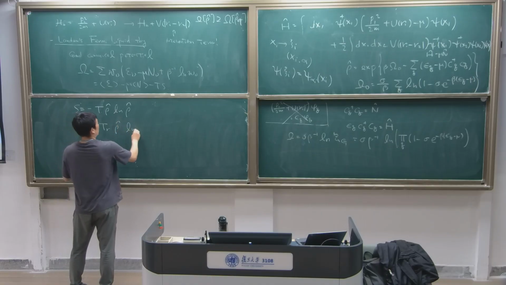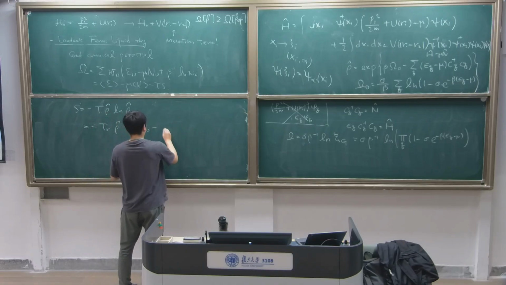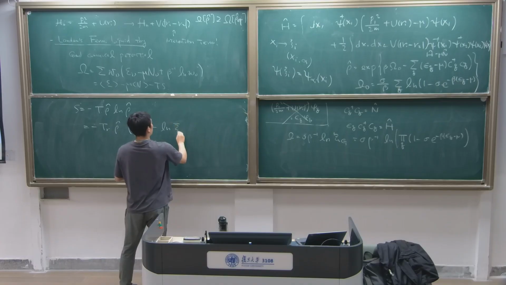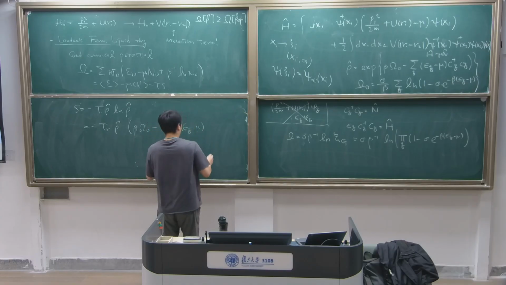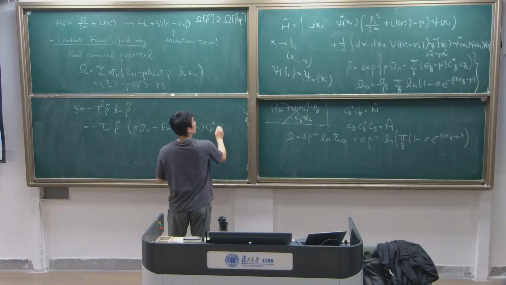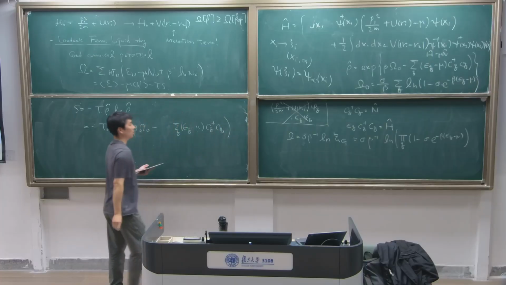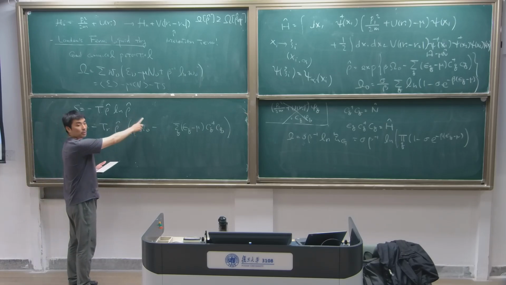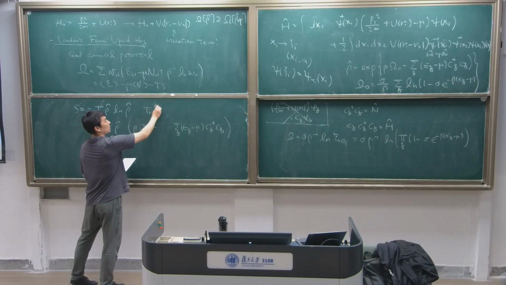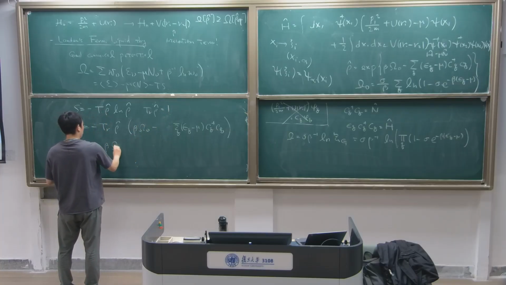Trace of rho hat and log of rho hat, which is e to the minus beta omega 0 minus the sum of epsilon q minus mu times n q. This first part is just a number, and the trace of rho hat times unity is what? 1.